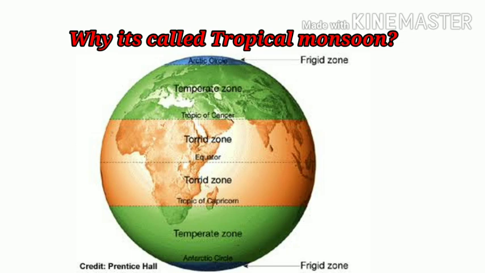The Tropic of Cancer line is passing through India. It is said to be tropical from this. You can see India on your screen in the picture of the earth, and it is divided by the line of Tropic of Cancer.